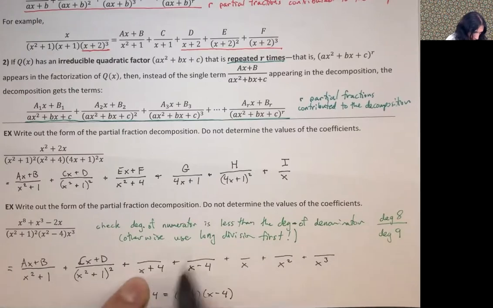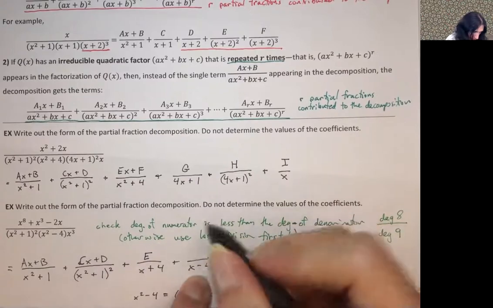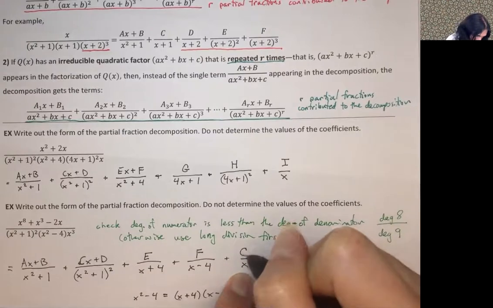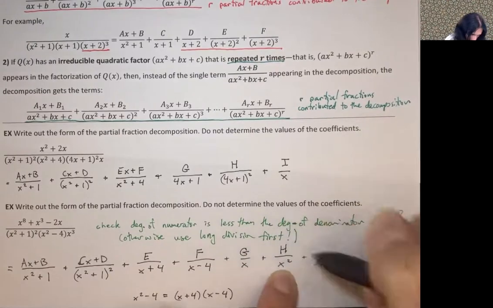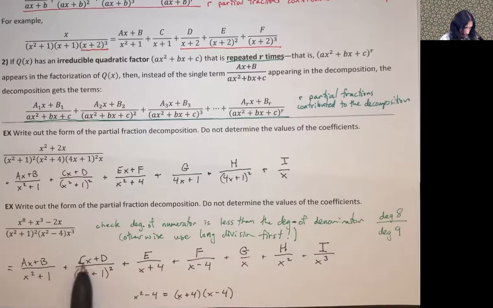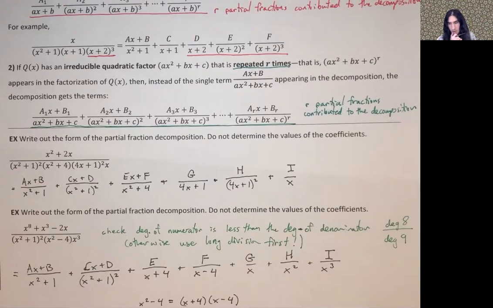This is a degree 1, so I need an unknown constant. Linear, so I need an unknown constant. Linear, unknown constant. Same. A, B, C, D, E, F, G, H, I. Remember to just keep working your way up using letters that haven't been used before.